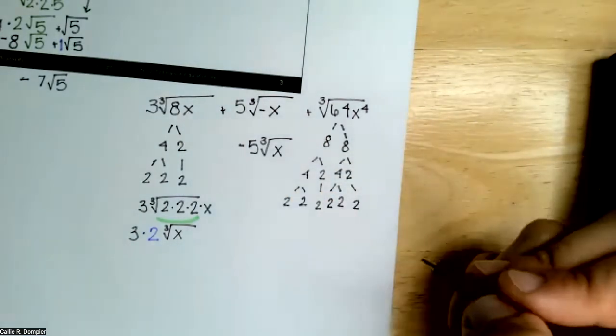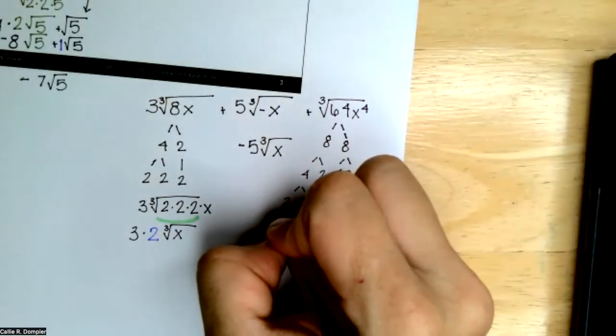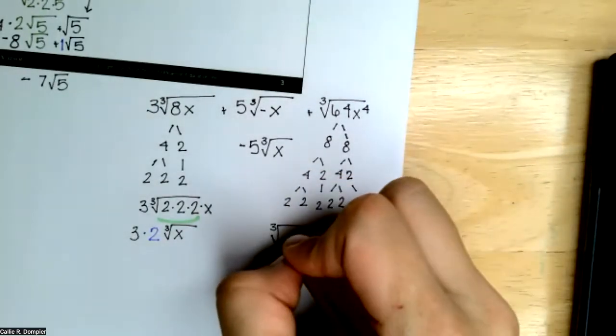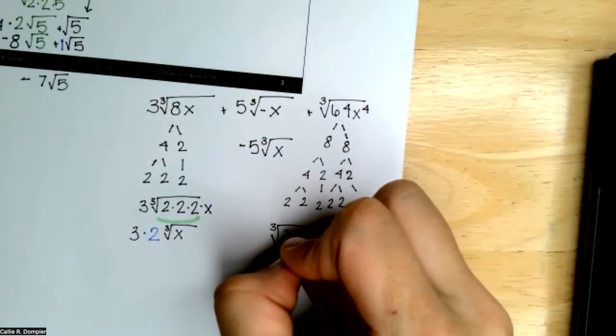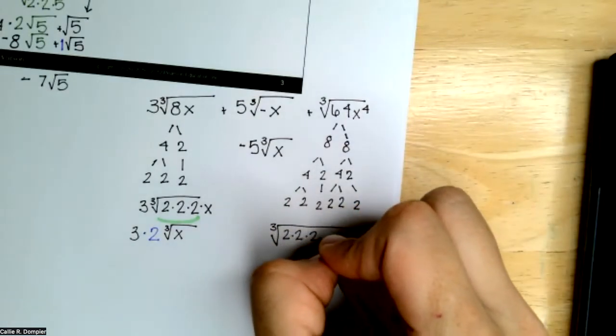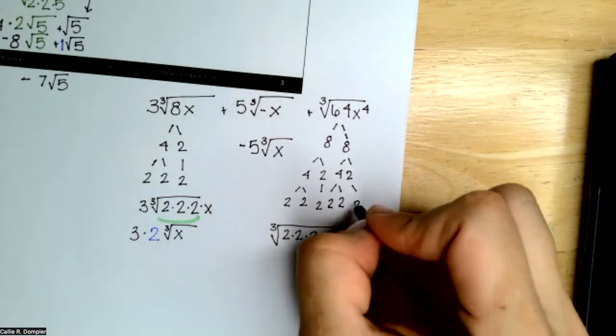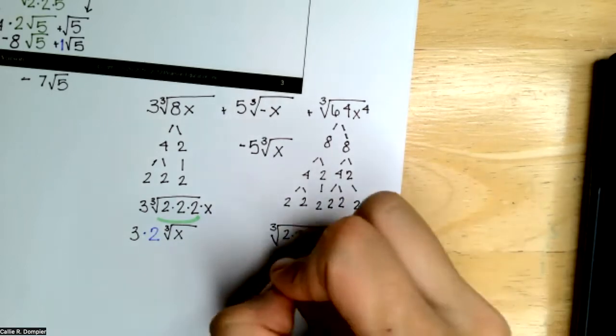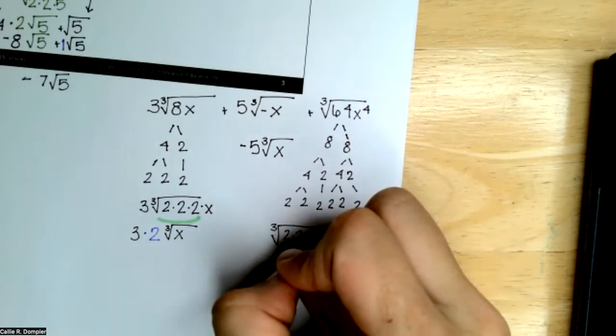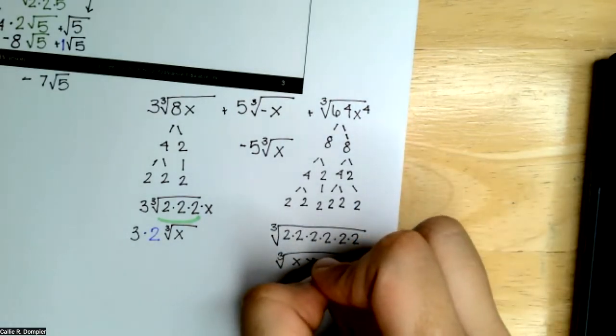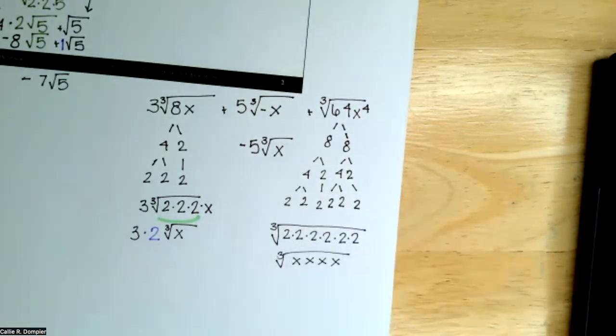This 2 comes down. So the third root of 64 is, and then, sorry, I ran out of room. I would have put these all under 1. And then 4 x's, right?